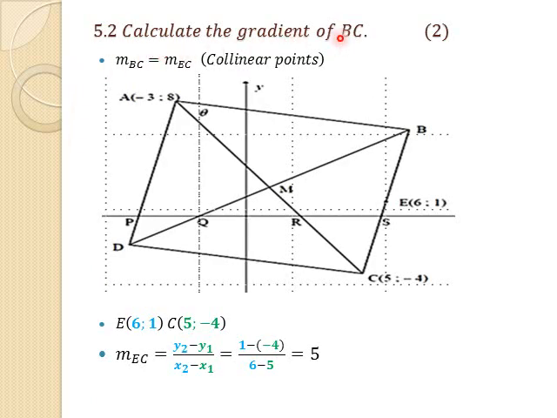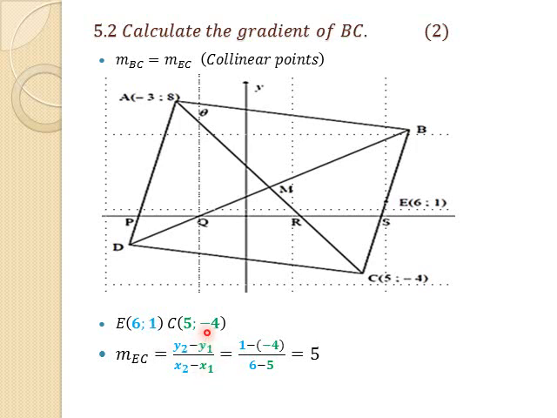Calculate the gradient of BC. As I said, gradient BC equals gradient EC. They are collinear points, meaning they all appear on the same straight line. So if I use E, which is (6, 1), and C, which is (5, -4), gradient EC equals (y2 minus y1) over (x2 minus x1).